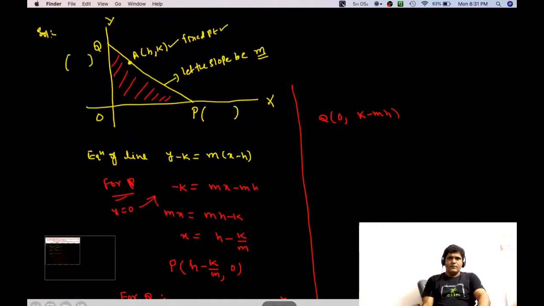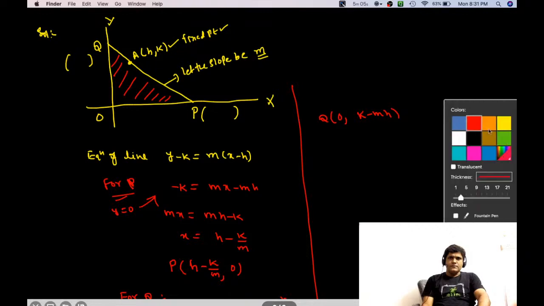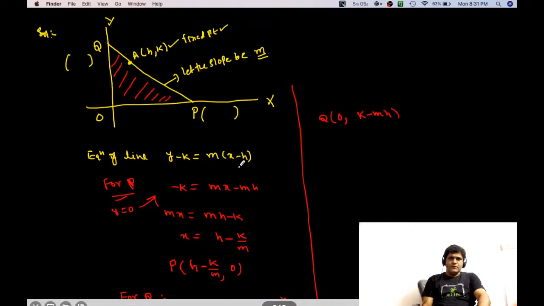So the coordinates of P are (h minus k by m, 0) and the coordinates of Q are (0, k minus mh). So it's a right angle triangle. Therefore, area of the triangle is equal to 1 by 2 into base into height.